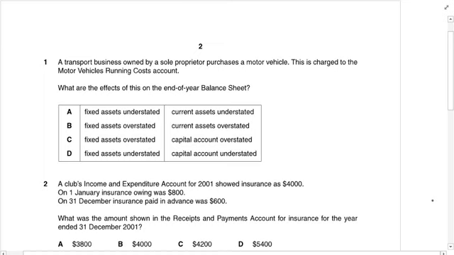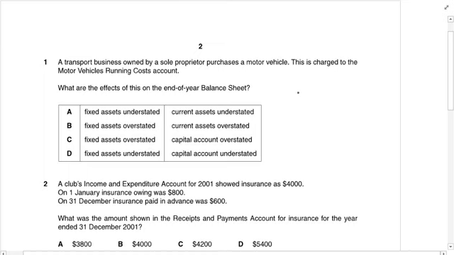It would mean that the motor vehicle automatically is not reflected as an asset, so non-current assets will be understated. In the same token, non-current assets being understated, it would mean that the capital is understated. Remember, capital is calculated as assets minus liabilities. So using understated assets would also mean that we have understated capital, right?